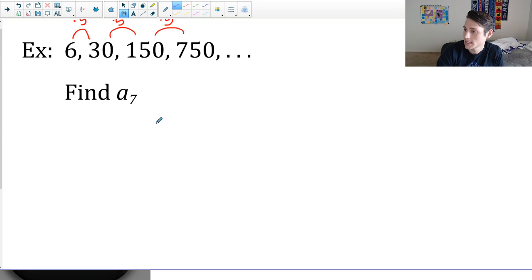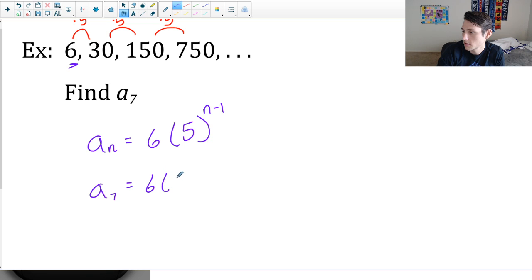Okay, find A7. Well, let's just find the explicit form first. So for a geometric sequence, it's A1, but we know A1 is 6. The first term is 6, times the ratio 5 to the power of n minus 1. So therefore, A7 is 6 times 5 to the power of 7 minus 1.